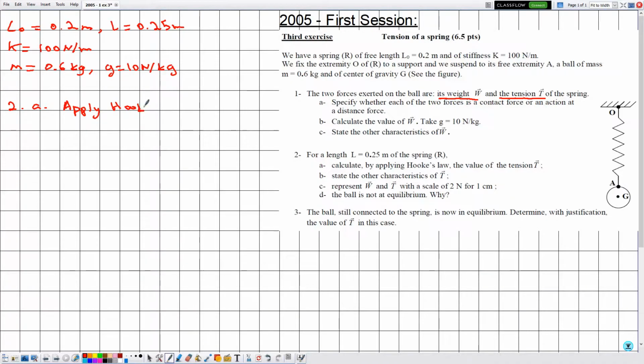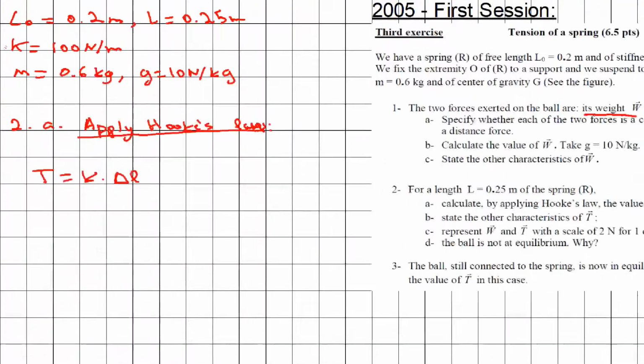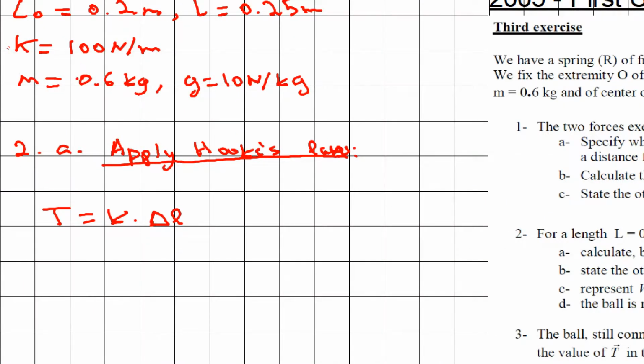Always in physics we need to mention the law that we are using. The law says that the tension T is equal to the stiffness K multiplied by the elongation delta L. Now the stiffness K is 100 newtons per meter.